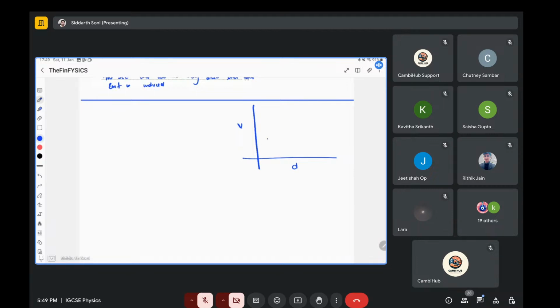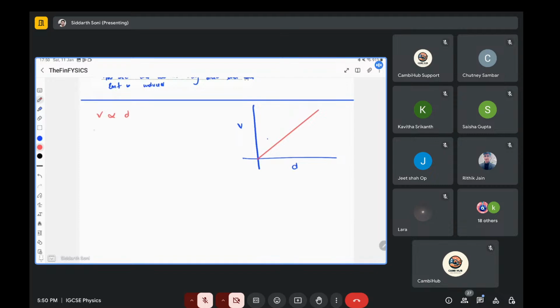When it was plotted, this is what they obtained, which told us that the velocity by which the galaxies are moving away is proportional to the separation between us, which means galaxies that are further away from us are moving at a higher pace as compared to the galaxies that are near to us.